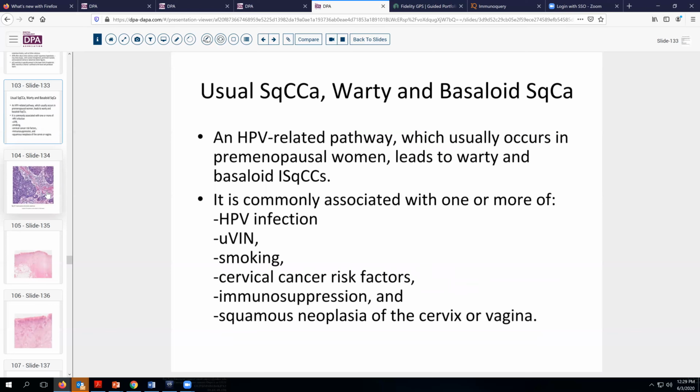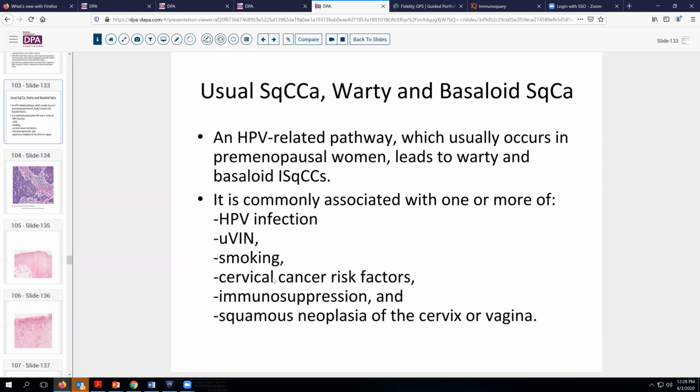There also are usual squamous cell carcinomas and subtypes, the warty type and the basaloid squamous cell carcinoma, which are HPV-related pathways. And these are usually premenopausal women that develop this, rather than the differentiated VIN, which is a postmenopausal woman.